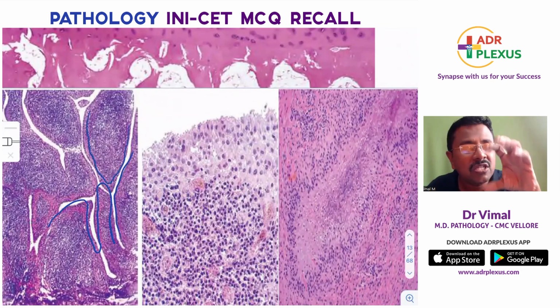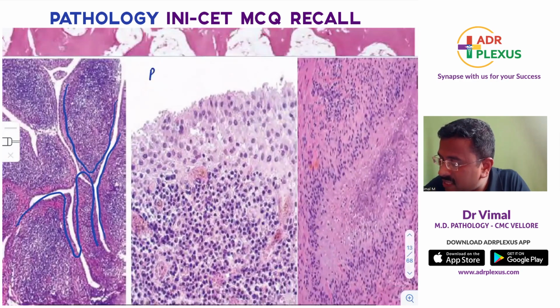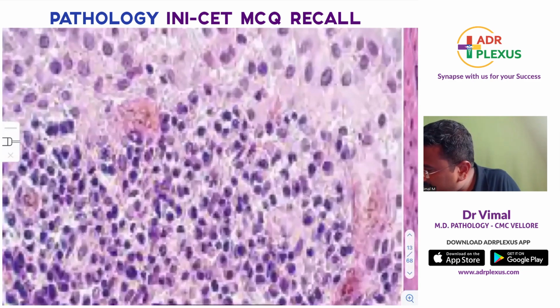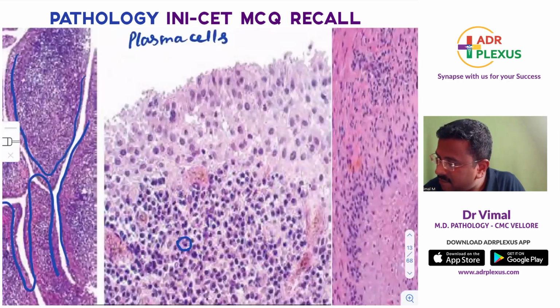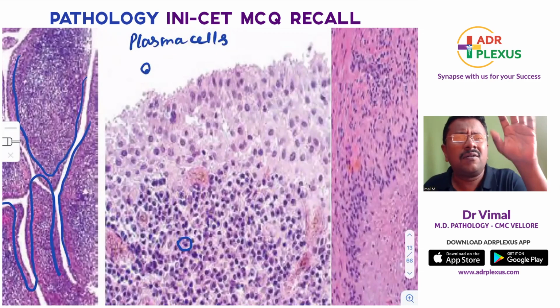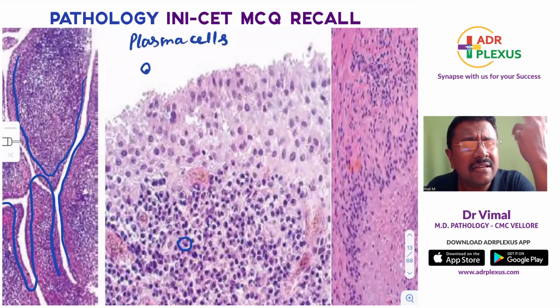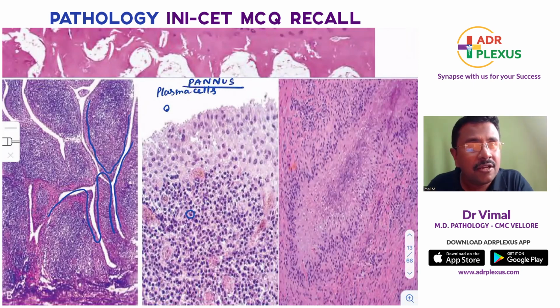If the synovium is thrown into papillary folds, and these folds contain a lot of inflammatory cells, especially plasma cells, which have an eccentrically placed nucleus and a perinuclear hollow, then you get the so-called pannus formation. If pannus formation is characteristically given in your question, you have to think of rheumatoid arthritis.